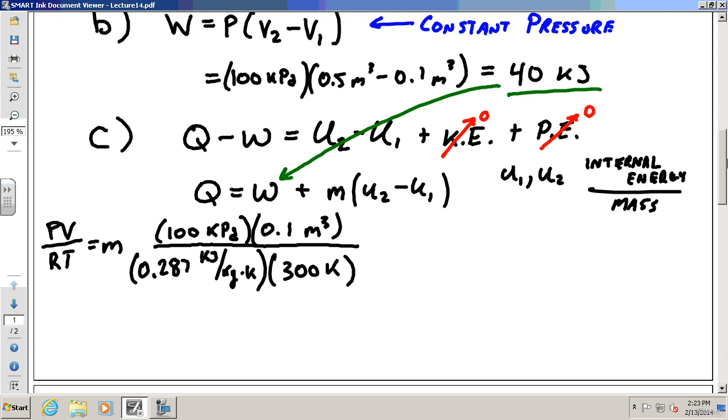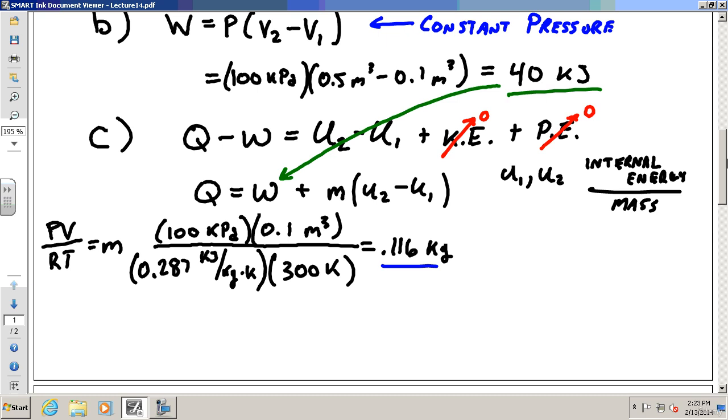A pascal times a meter cubed is a joule. It all cancels out, so the answer is in kilograms. And it turns out to be 0.116 kilograms. So that's how much mass we have.